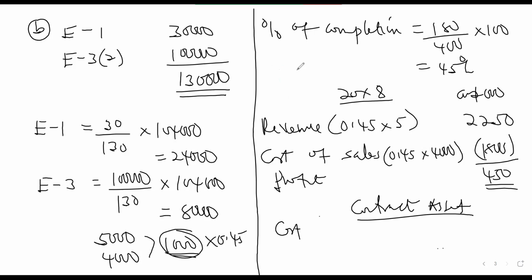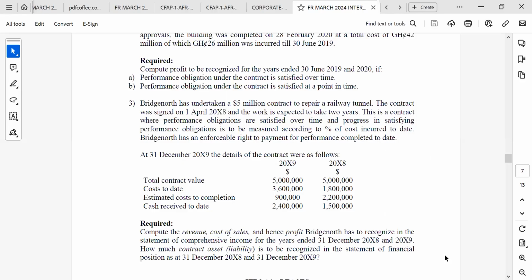We always have the cost incurred to date, which is 1,800. Then you add your profit to it. If you want to bill the person, this is the amount that you are going to be billing, 450. But how much was received for 2x8? 1,500. Okay.